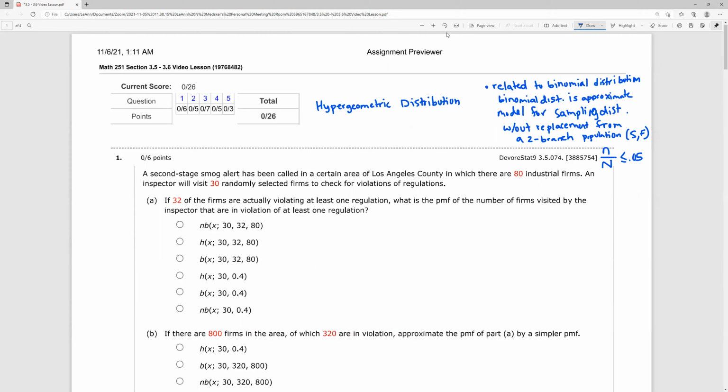The hypergeometric is actually the exact model for the number of successes in the sample. And we're going to let X, our random variable, stand for the number of successes in the sample.